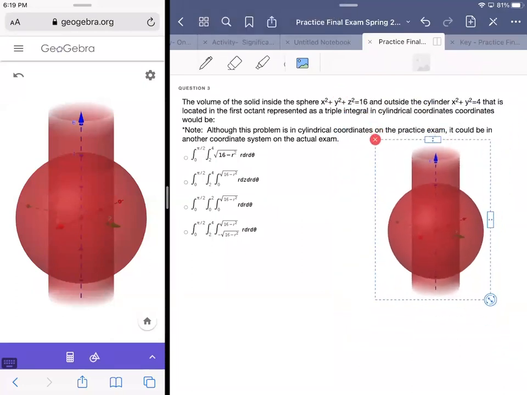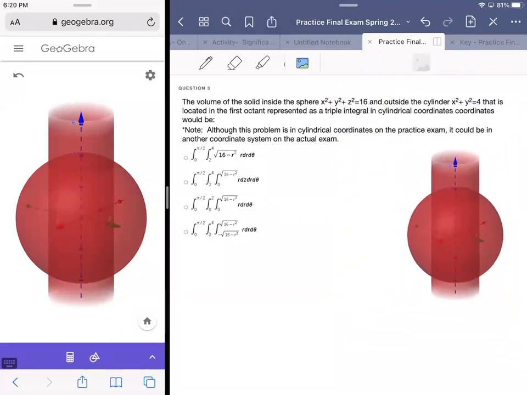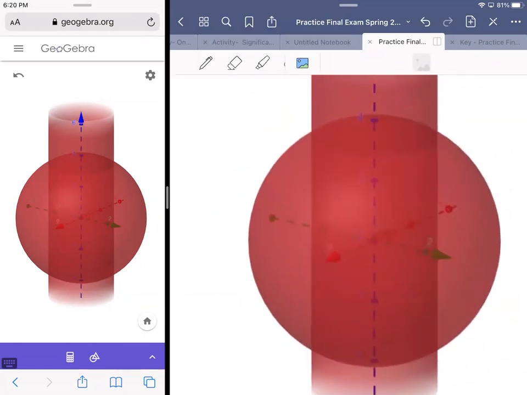Now this one's telling us that we want the volume of the solid inside the sphere but outside the cylinder. All right, so let's just take a quick look. Here's our cylinder. Just focus on this part here, because it looks like this is our y-axis. Well, I actually have the negative axis over there, so it's got to be in the first octant. So it should really be over here.